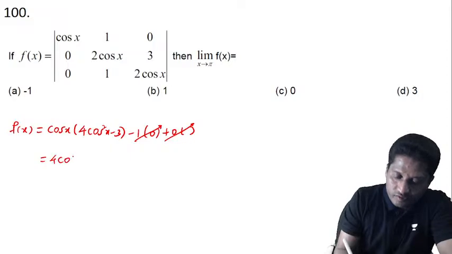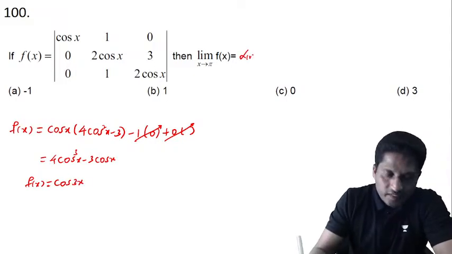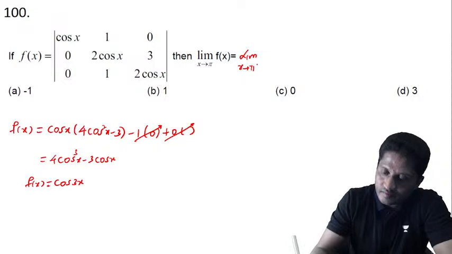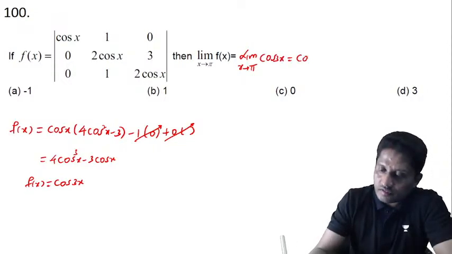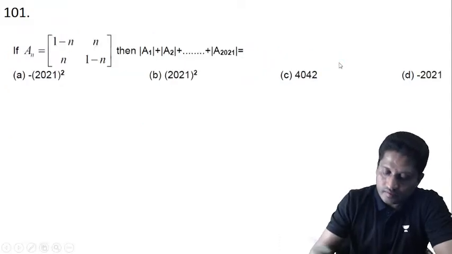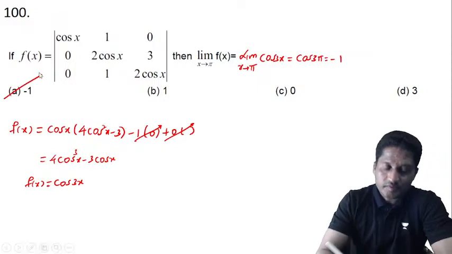You will get 4 cos cube x minus 3 cos x. 4 cos cube x minus 3 cos x is cos 3x. Now limit x tending to pi, you get cos 3x, which is cos 3 pi. Cos 3 pi is equal to minus 1. Right, answer is option A.